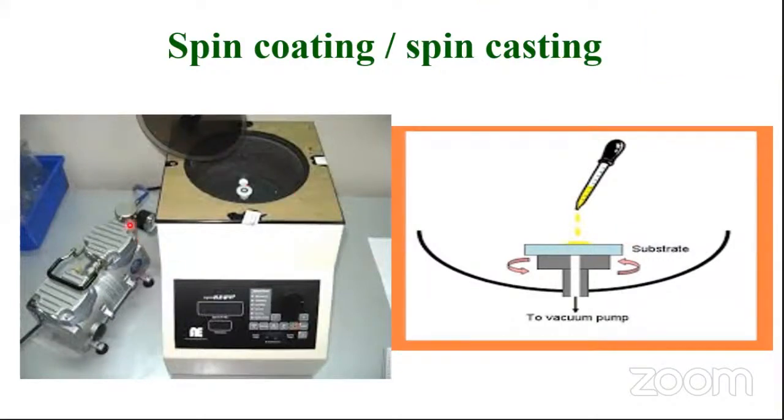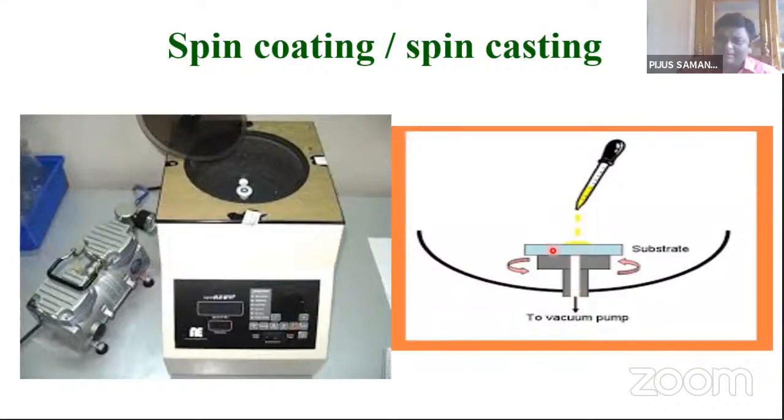So here is the actual equipment setup for spin coating. Here you see a small table-like structure, like a one rupee coin sized round table, and a narrow hole in between.